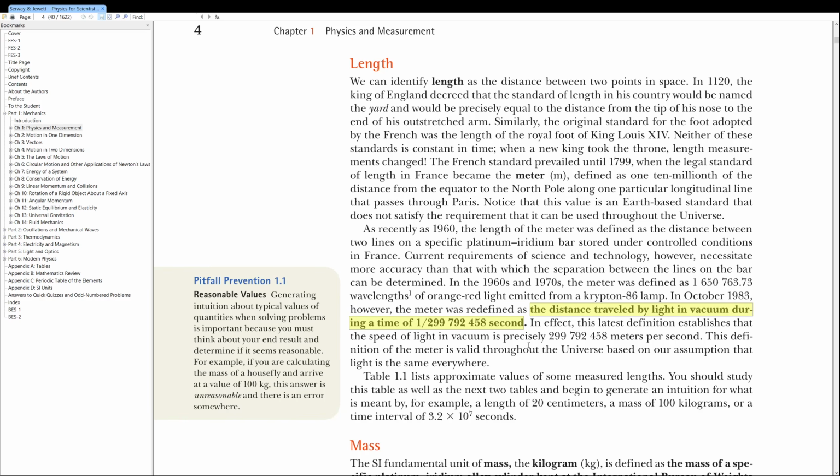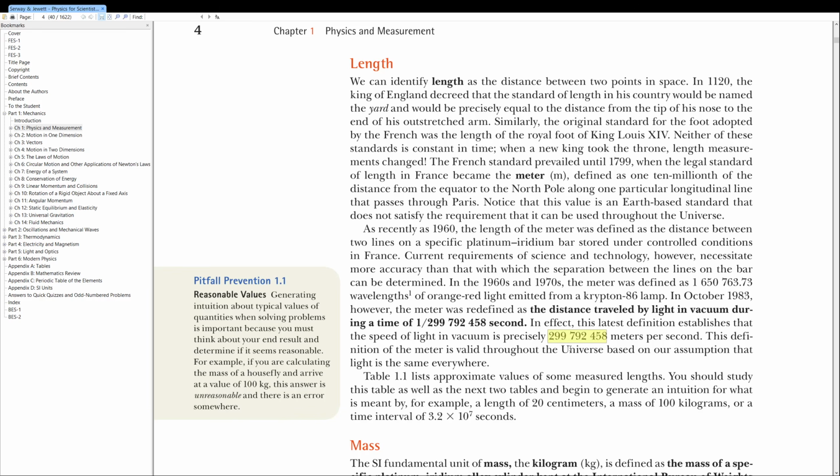But it's the distance that light travels in a vacuum in that amount of time. Okay. And so length is not an independent unit. It depends on how long a second is, right? It also depends on how light behaves in a vacuum. But since light behaves in a vacuum the same everywhere, that thing is safe and sound. But the question is, what's a second, right? But anyway, the speed of light is exactly 299,792,458 meters per second, right? It's an exact number, okay?